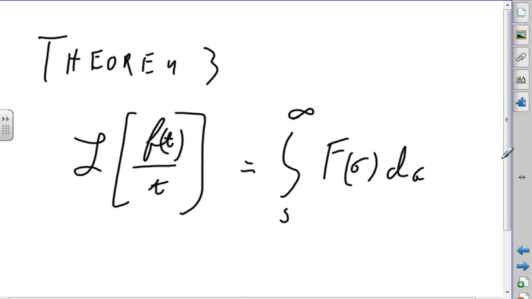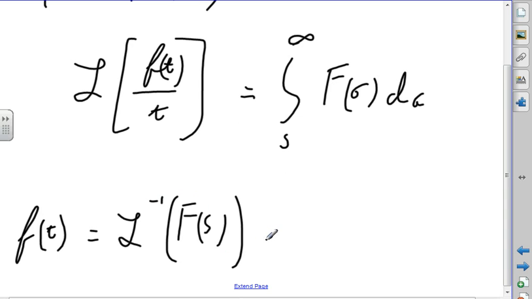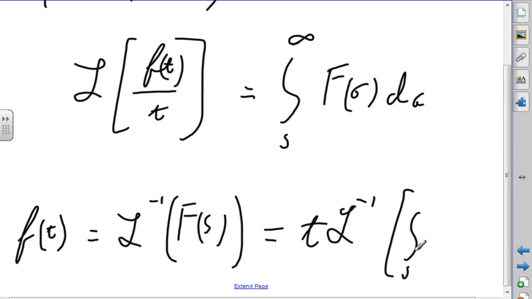So I could rewrite that and say that f of t could be the inverse Laplace transform of F of s, could be t times the inverse Laplace transform of the integral from s to infinity of F of sigma d sigma. Okay, well that's the theory involved.